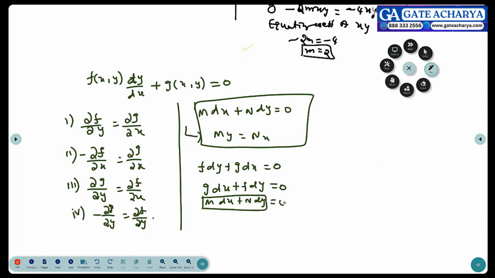Then M is equal to g, N is equal to f. M y is g y, equal to N x, which is f x. That is dou g by dou y is equal to dou f by dou x. That is correct. The third is correct.